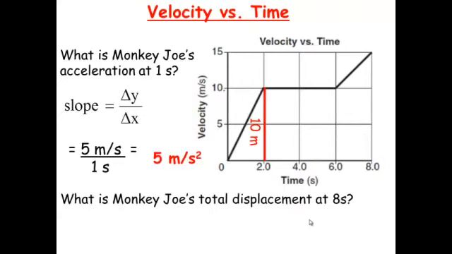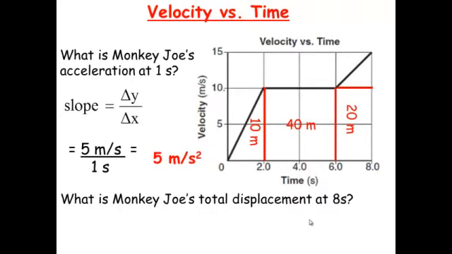Next, I could look at the area underneath the curve from 2 seconds to 6 seconds. From 2 seconds to 6 seconds, I can see that the shape underneath the curve is a rectangle. I could use the formula area equals base times height to figure out that the area underneath that section of the curve is 40 meters.